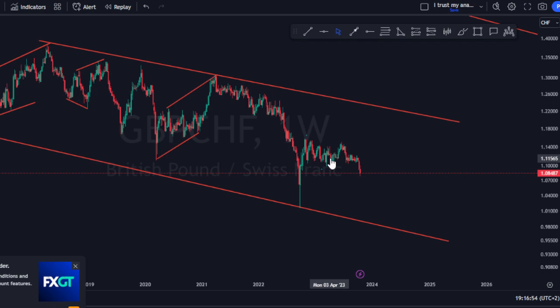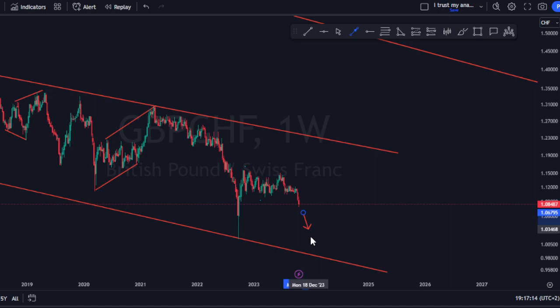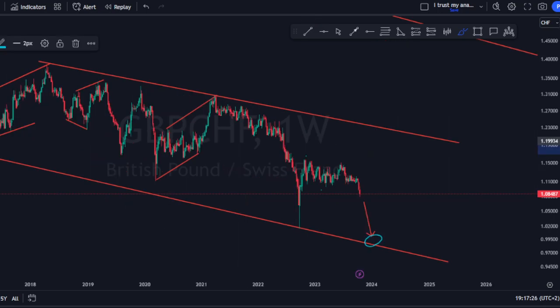You see here I applied the same strategy on the same pair, but using different analysis on it. So this is a descending channel, and once price gets to this low, this could be a first touch, second touch, and then third touch here.